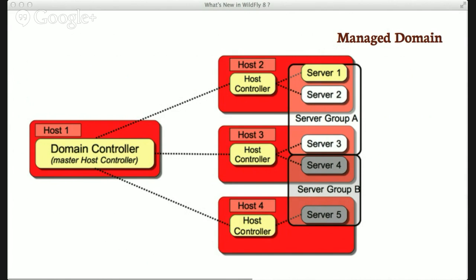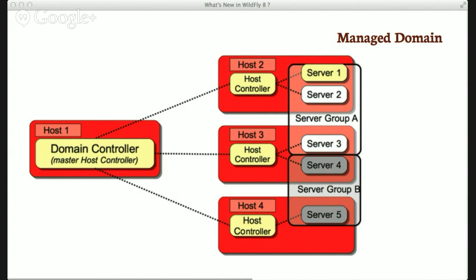Then you have the notion of server group, which is a set of server instances that will be managed and configured as one. So for example, we have two server groups, A and B. And in a managed domain, each application server instance is a member of a server group.